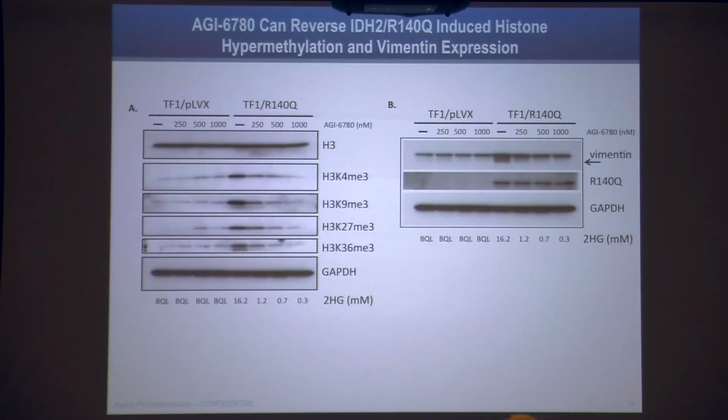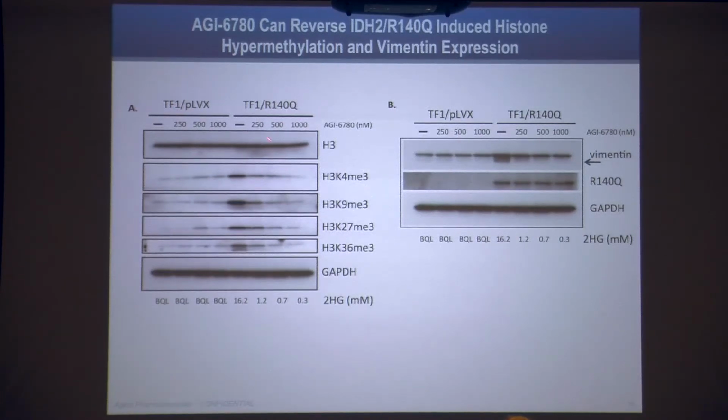We also looked at the histone methylation. I told you that's another protein that gets methylated. And in the mutant cells here, in this column without drug, you see a bright band, which suggests and proves that they're hypermethylated on multiple histones, and that's not found in the vector cells.